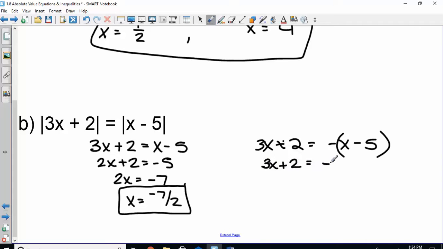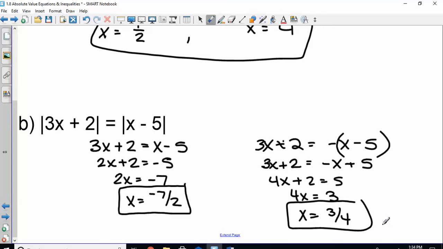We distribute the negative. Add my x over. Subtract the 2. And we get 3/4. Again, given the choice between fractions and decimals, I prefer fractions in lowest terms.